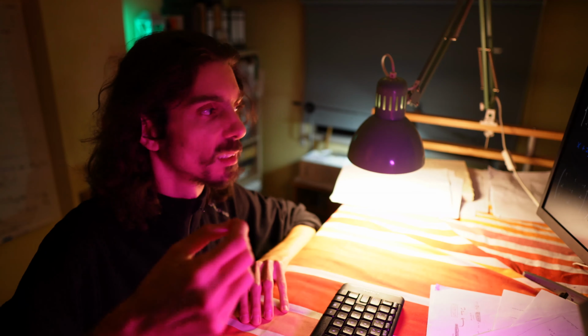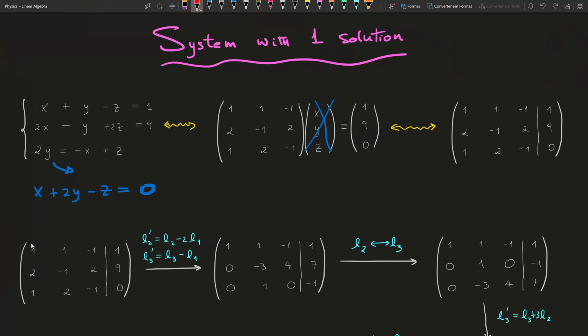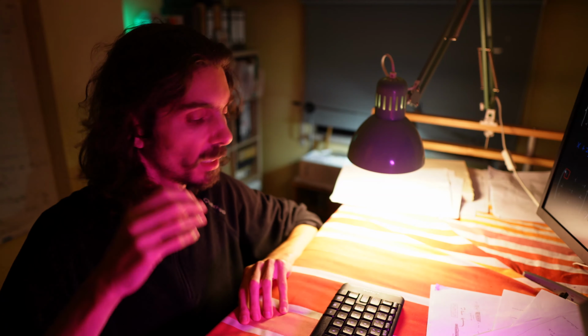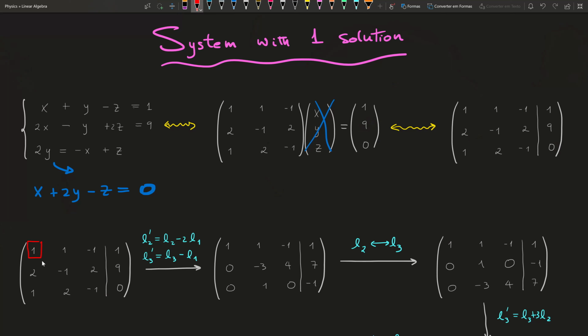So what are these steps? Well, we first identify on the first equation the first entry, and this entry is called the pivot entry. Our goal is to use it to eliminate the entries downstairs, the 2 and 1.